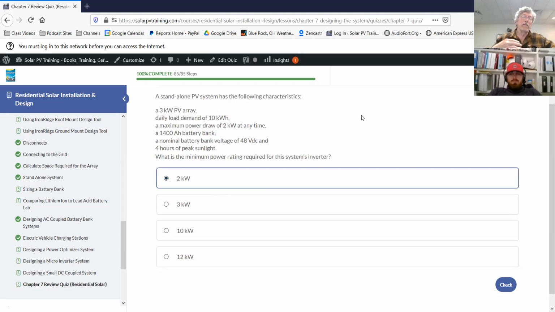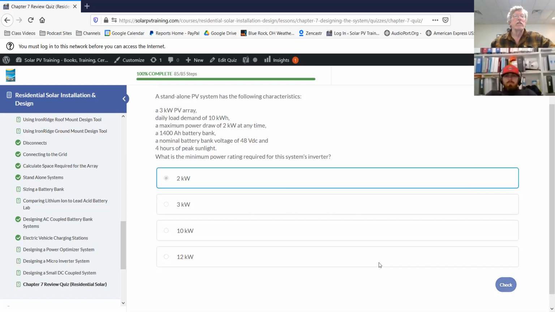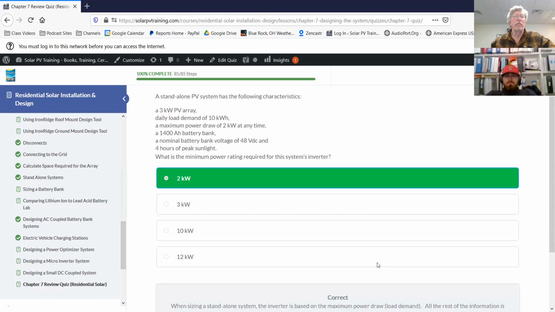Now, in a standalone system, we'd like to have at least a 25% overhead. So I could say that really a 3 kW would be a better choice out of these, but it asks what is the minimum power rating. So we're looking at 2 kW as the minimum power rating.